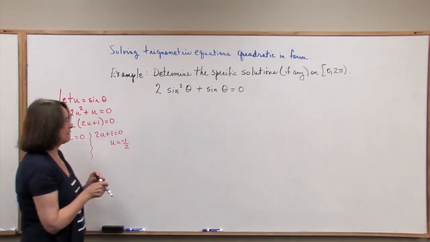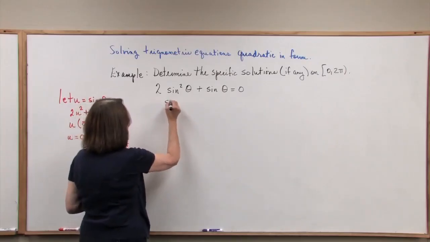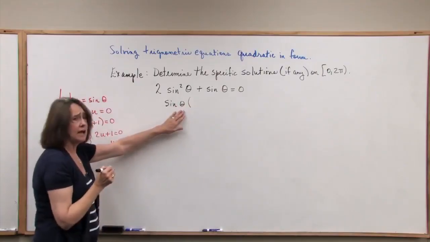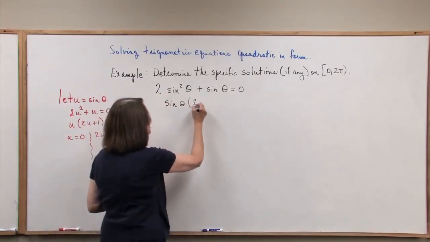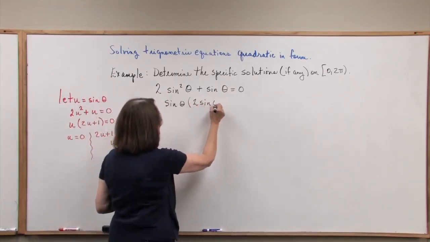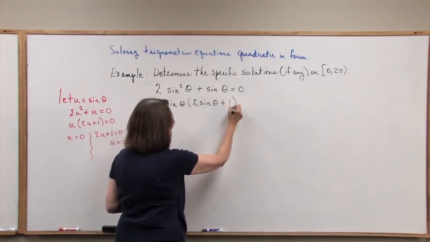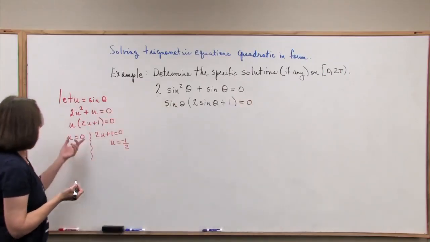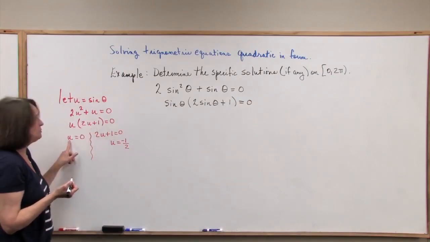The common factor is the sine of theta. Write that, then divide. Sine of theta into 2 sine squared is 2 sine theta, plus sine of theta into sine theta is 1. Or you can simply look at what you have here and just substitute back.